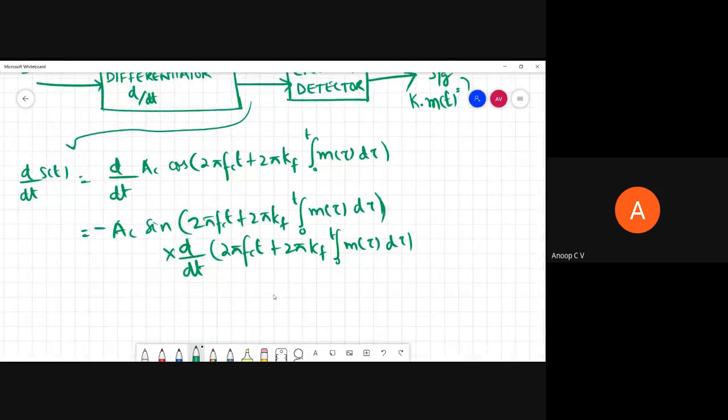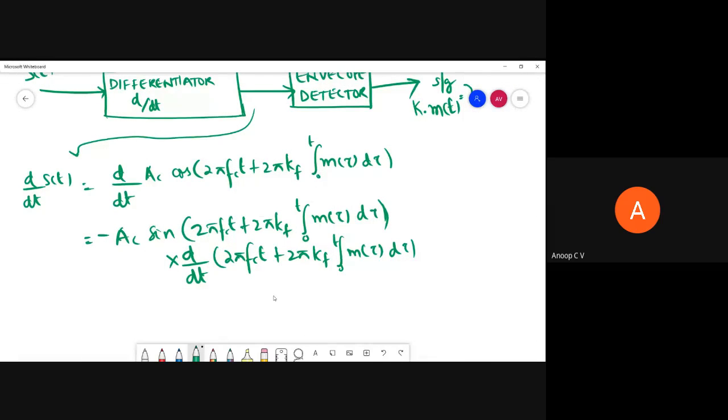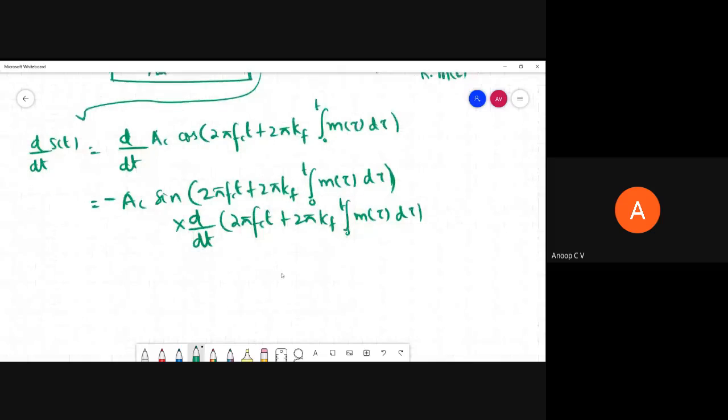A differentiator is a linear time invariant system and can be implemented as a filter. So maybe you can try this out in Multisim. I can give you the circuit, the same circuit you will use in a higher semester for FSK demodulation.